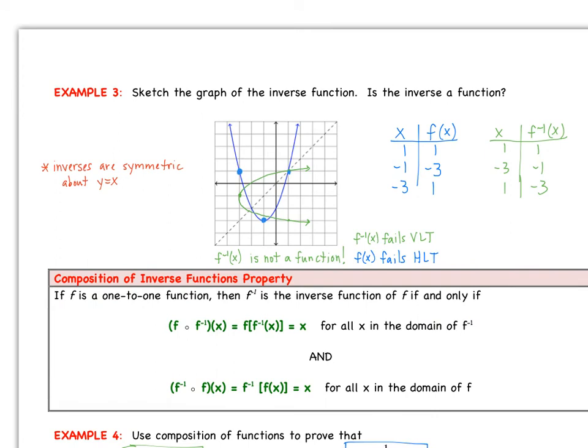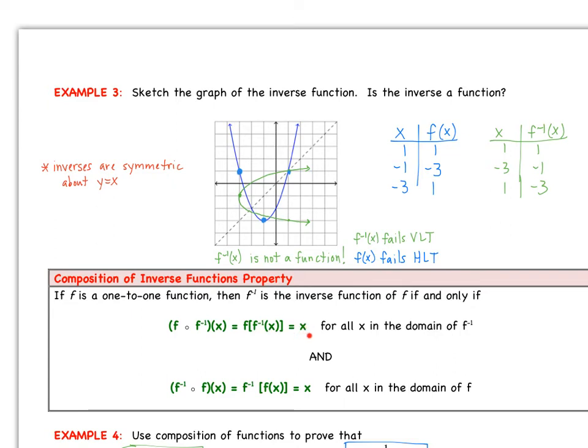Now we're going to talk about proving whether two relations are inverses of one another, or two functions are inverses of one another. So we're going to use the composition of inverse functions property, which says if f is a one-to-one function, then f inverse is the inverse function of f if and only if when we take f inverse and plug it into f, so this is our composition, f of f inverse of x equals x.